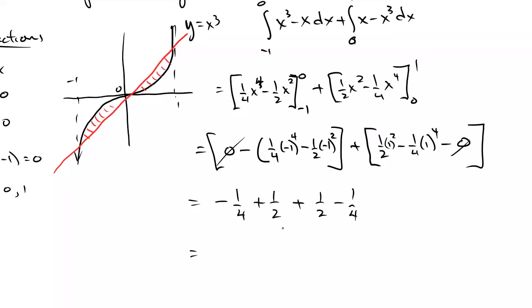Combine terms: 1/2 plus 1/2 is 1, and -1/4 minus 1/4 is minus 1/2, giving us a final answer of 1/2. So the area bounded by these two regions here, region 1 and region 2, is going to be exactly 1/2.